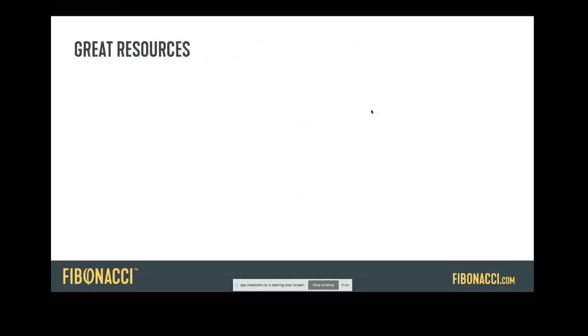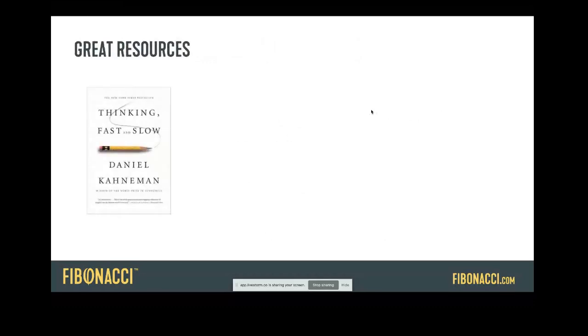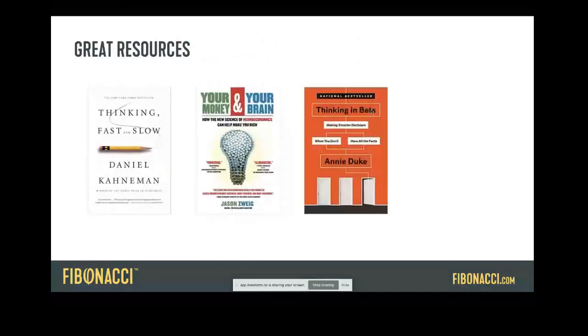And if you want to read more about that, I thought I'd throw up a few good books. The seminal work is Daniel Kahneman's Thinking, Fast and Slow. That's a thick book. It's a tough read. But some of these others, like Your Money and Your Brain, and an especially good one is Thinking in Bets by Annie Duke, which recently came out, touch on a lot of behavioral biases. She's a very famous poker player, and the same behavioral biases that we see in the markets are also applicable to poker.